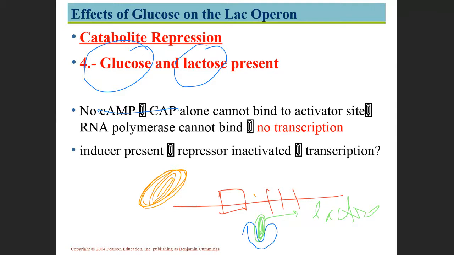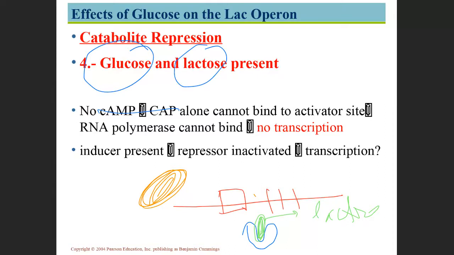Now, part of the reason why I went into all this is because the lac operon ends up being an on-off switch that we get from bacteria. It is very useful because we can turn it on by removing glucose and putting lactose, and we can turn it off by removing lactose and just giving the cell glucose. So it's a very easy way to turn genes on or off.